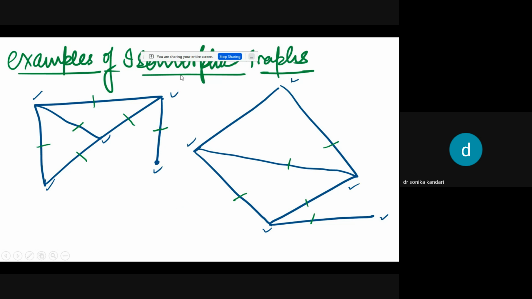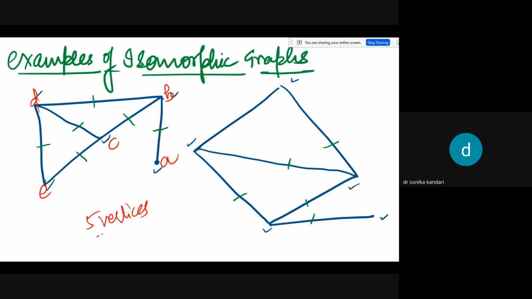See the example of isomorphic graphs. My screen is visible to all of you? Yes, ma'am. Count the number of vertices: A, B, C, D, E. Here we have 5 vertices. P, Q, R, S, T. Here also we have 5 vertices.